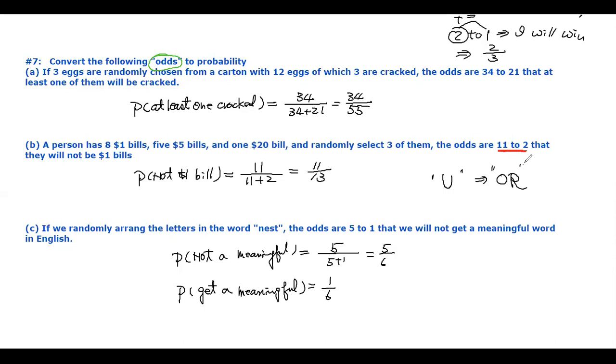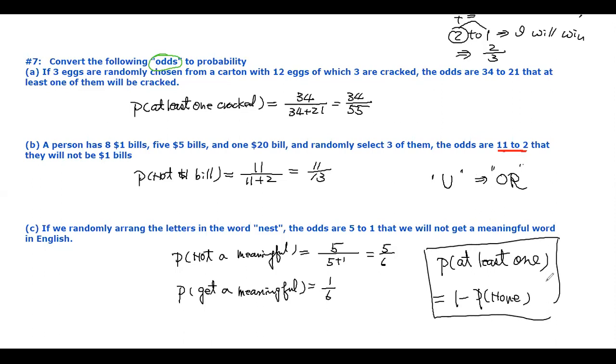Okay, so you can say either or both, right? And then also we learned one trick here: for the probability of at least 1, you can use 1 minus none, right? So those are the two important things. Like I said, they're not going to tell you to find a union or intersection, so you need to understand the keywords.